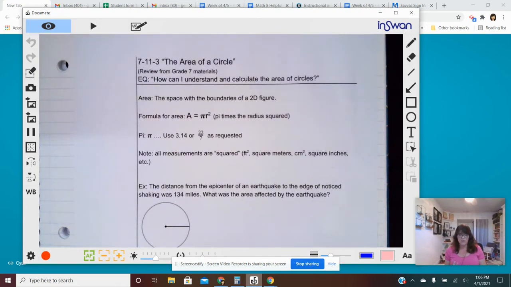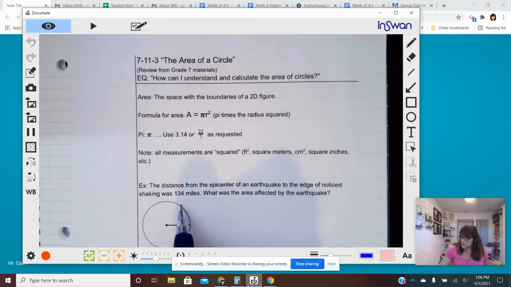So we talked about circles in general. We talked about circumference, and now we're talking about the area of a circle. If you'll remember, the circumference is just the space around. If I was to put a string on this line, area, as always, is the full inside.